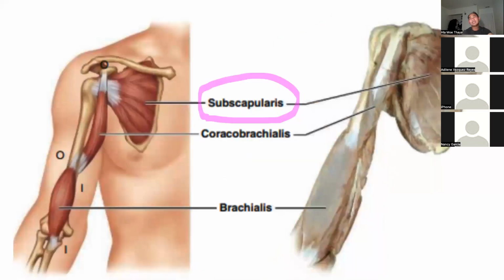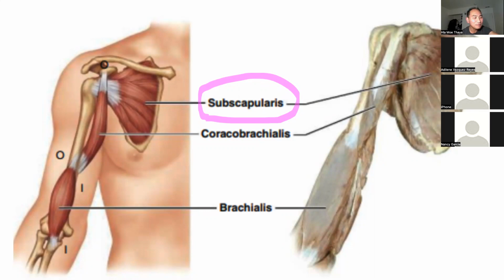Let's move on. So now we have seen the coracobrachialis, which is originating from the coracoid process and coming to the upper half of the humerus. It is occupying the upper half and medial aspect of the humerus.